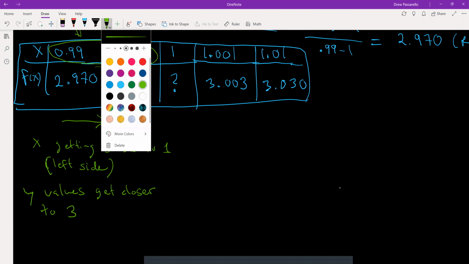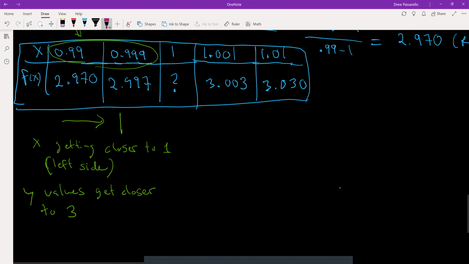Likewise, if we go from the right side, getting closer and closer to 1 from the right side, you get Y coordinates that are also getting closer to 3.